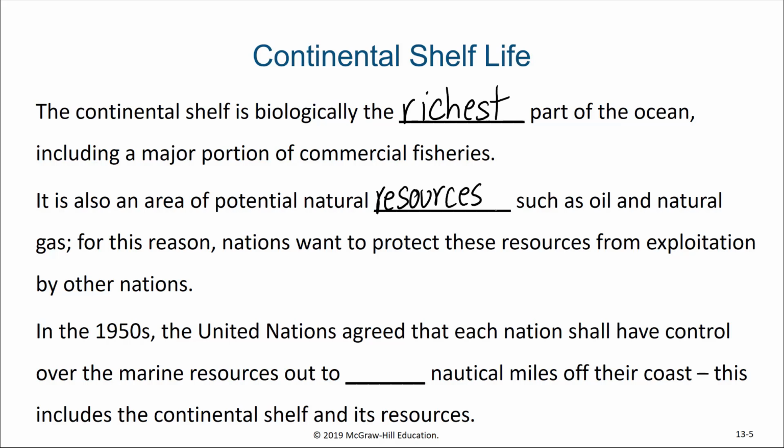For this reason, nations want to protect these resources from exploitation by other nations. In the 1950s, the United Nations agreed that each nation should have control over the marine resources out to 200 nautical miles off of their coasts. This includes the continental shelf and its resources.